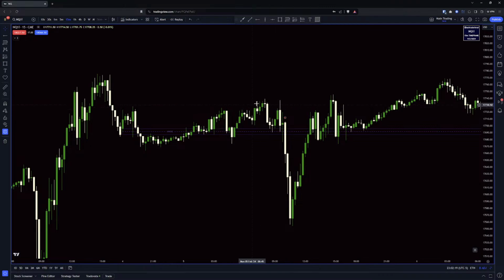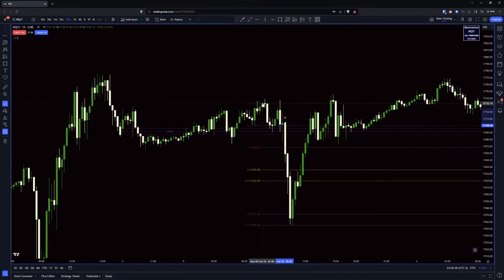The whole thing is an accumulation phase. Now you could say, and I think we had an SMT here, that the manipulation happened in New York with the push up. So if that's the case, we could probably measure the push down by doing this.